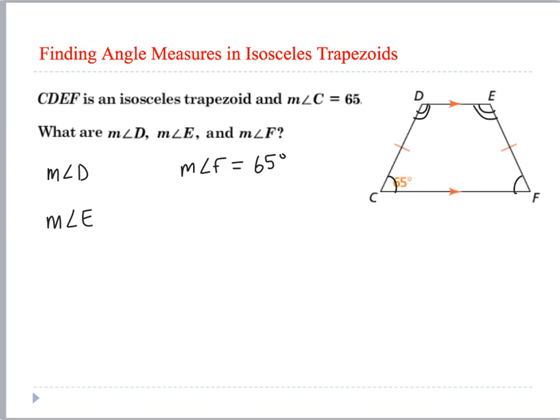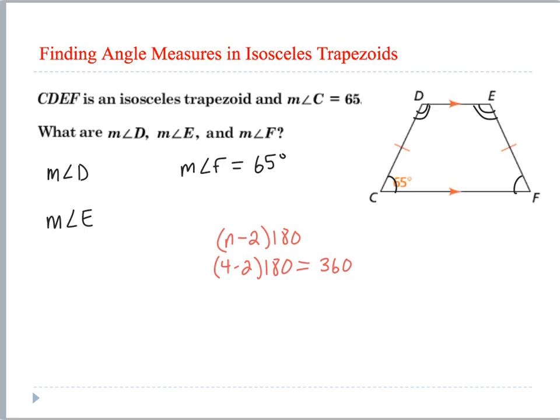I need to use some of those ideas of how many degrees are inside this figure. Well, it has 4 sides. Okay, so if I do my n minus 2 times 180, in this case I'm doing 4 minus 2 times 180. 2 times 180 is 360.